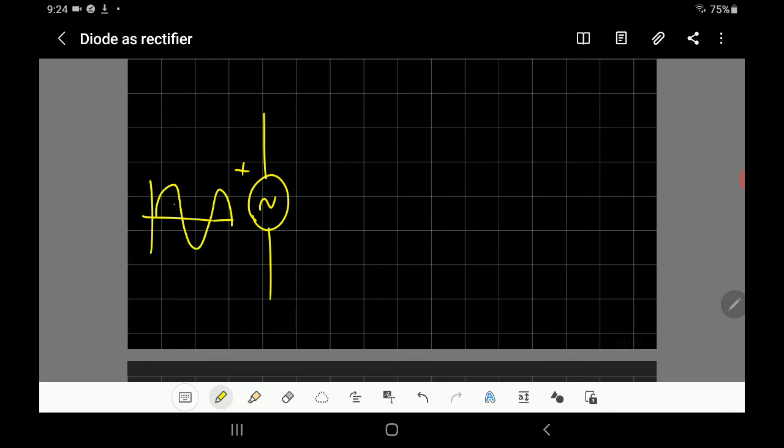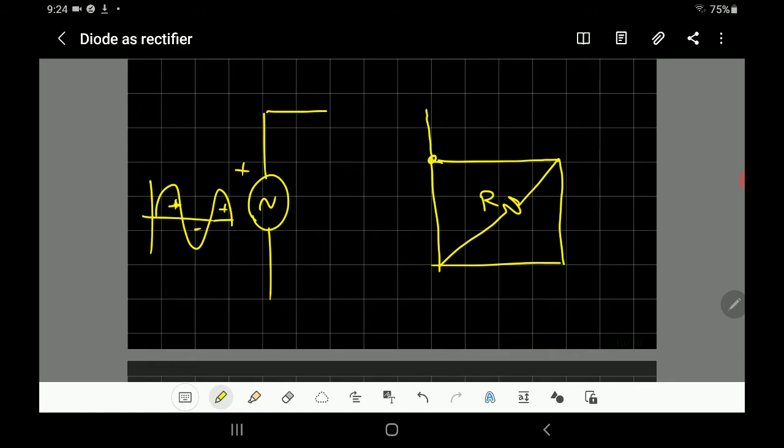For the bridge, I will make a square here and put the load inside. Then I connect one terminal to the first corner and the other to this one. Observe that the corners where I put the load resistance, I don't connect to the supply.